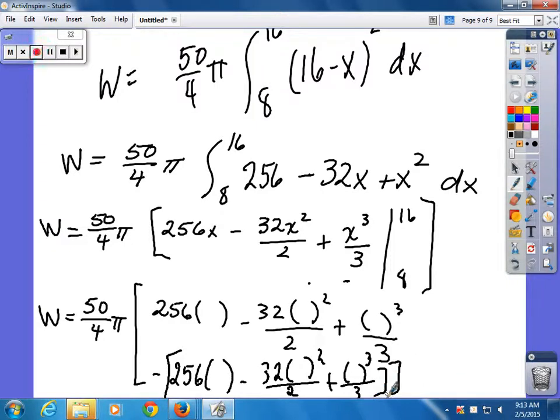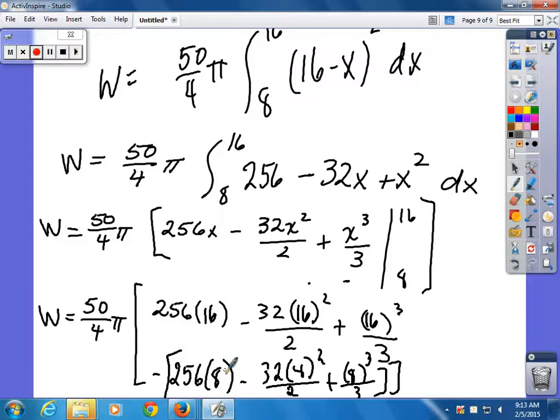Why did I put brackets around the second part? Because of that negative right there, and I don't want to see you do 90% of the problem right and get 100% of it wrong just because of that negative. So 16, 8, 8, 8, and yes, you're going to need a calculator unless you're Rain Man. You're going to need a calculator to do that one.